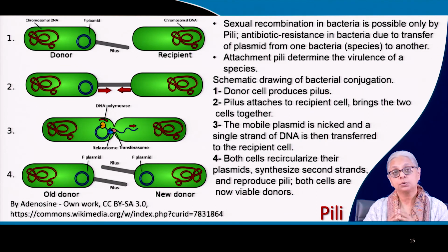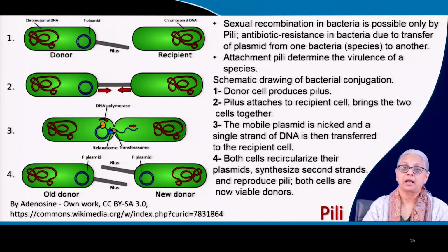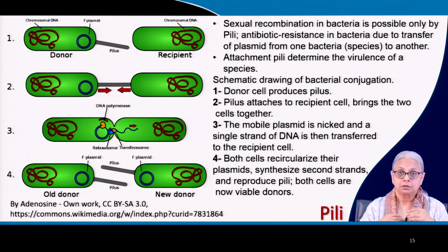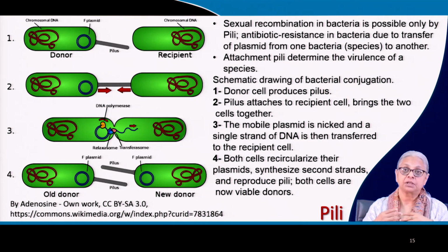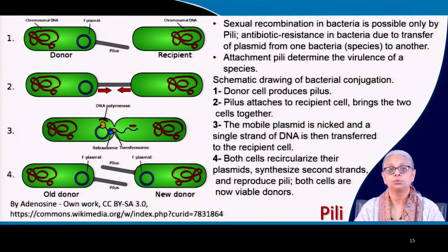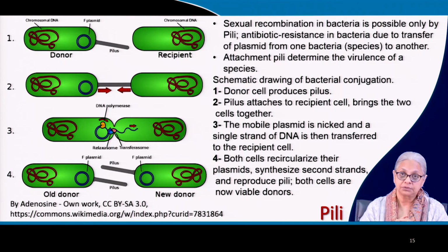So even though sexual recombination does not happen, this is the only way that bacteria are capable of transferring some of their DNA to other bacteria of the same species.